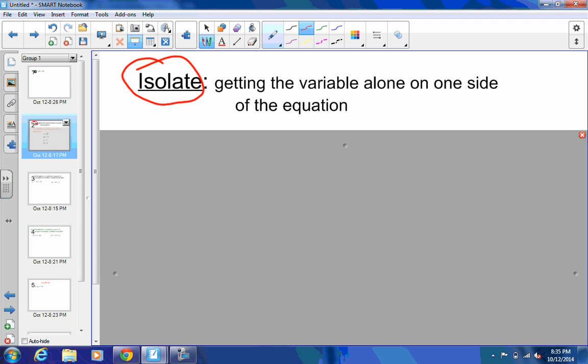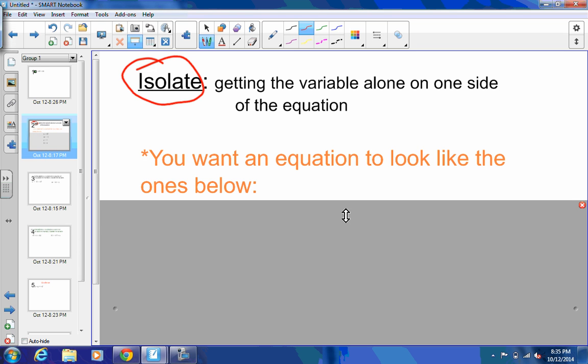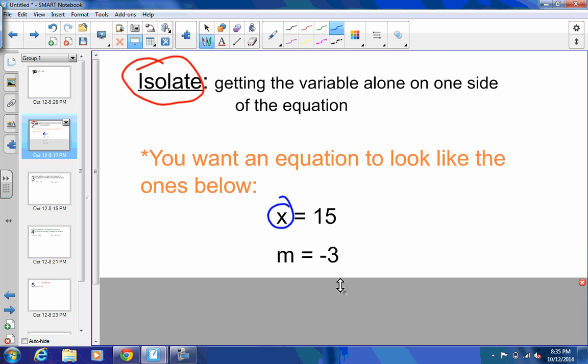So when we're isolating a variable in equations, we're trying to get the variable that we're solving for all by itself on one side, and then we have solved for it. You want the equation to end up looking like this if you're isolating for the variable. It should end up getting x equals 15, something like that. Getting the x all by itself there. So I'll circle the x is all by itself. m equals -3, there's another example. The m, you got the m all by itself.